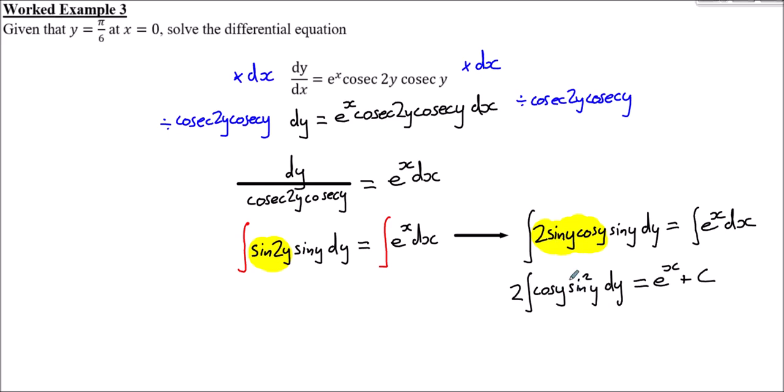On this side, this is essentially reverse chain rule. So over here, what I'm going to suggest we do is let u equal sine of y. So I'm going to let u equal sine y. Therefore, if I differentiate u with respect to y, I get cos y.